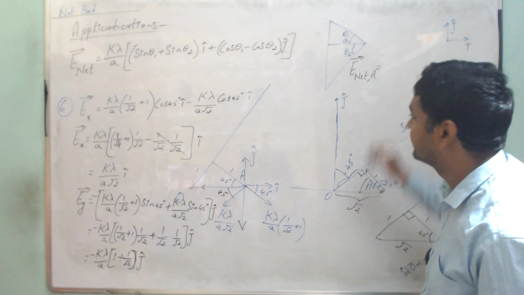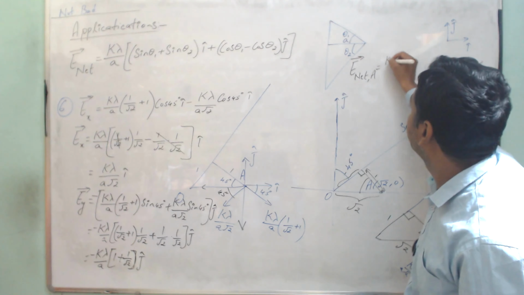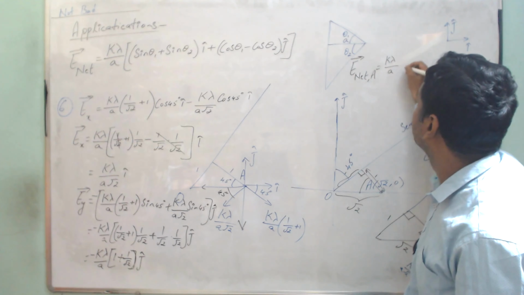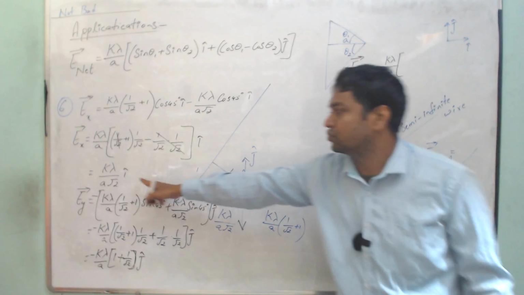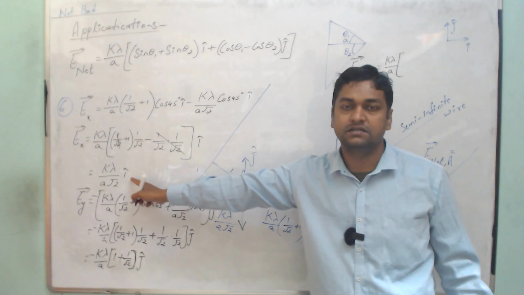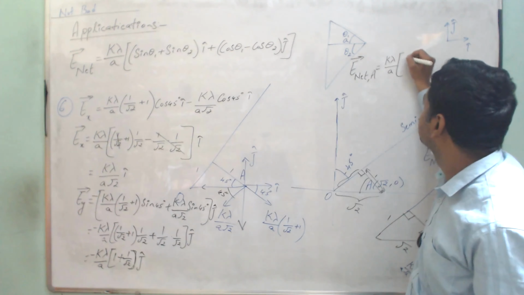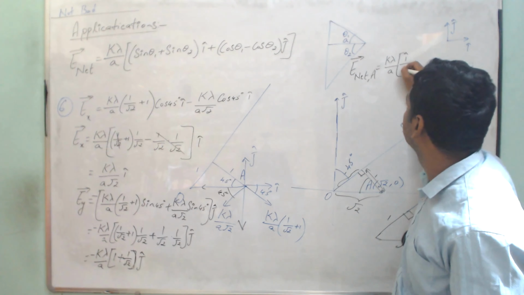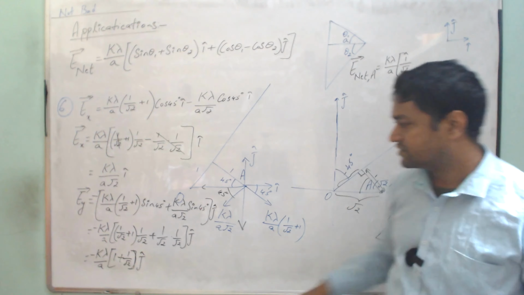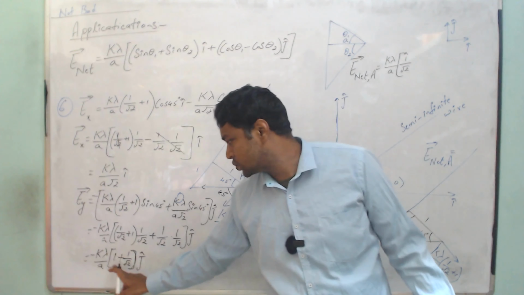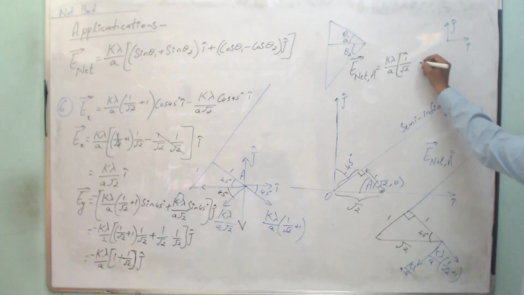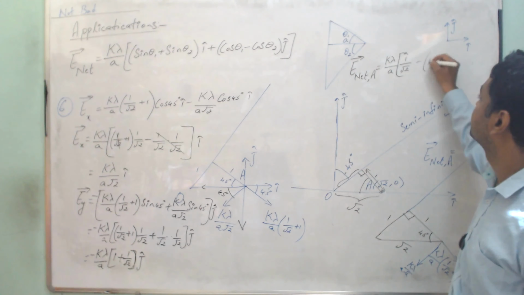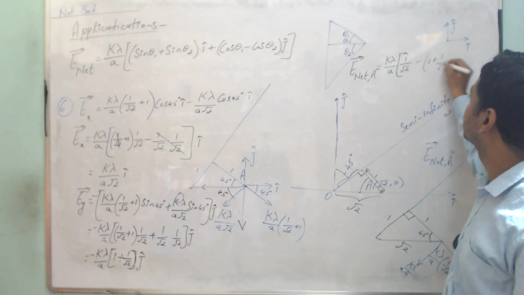Let us take K lambda by A common. I have I cap by root 2 along x axis. The first term is I cap by root 2. And for the second term, I have minus 1 plus 1 by root 2 J cap.